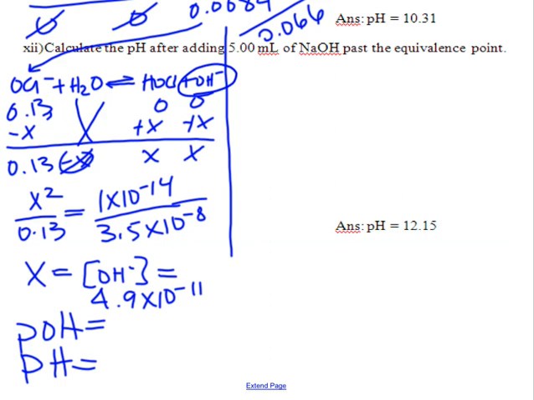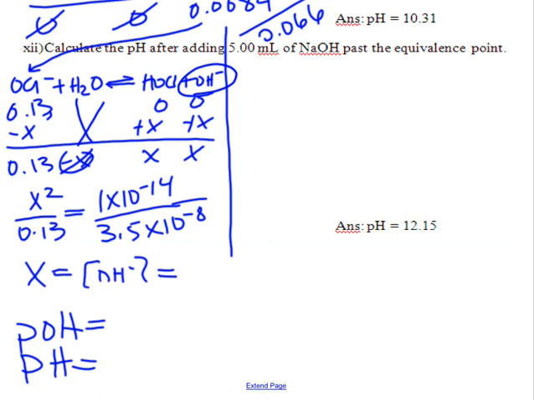All right, so if I take the negative log of that answer, I get a pOH of, no, you guys need to be careful with that. You need to pay attention to what you're taking the negative log of. You take the negative log of that, you get pOH. What is that number? How did you get that? From here, you get OH.